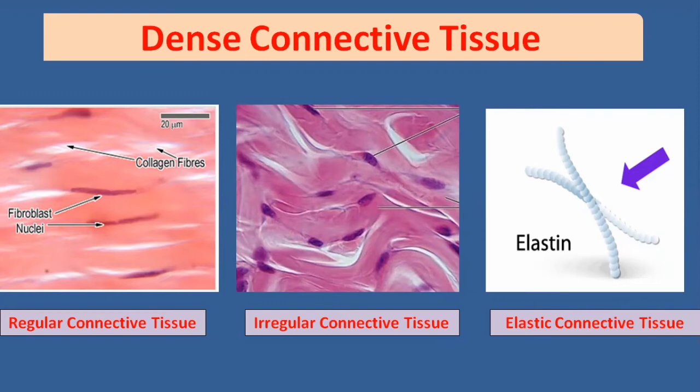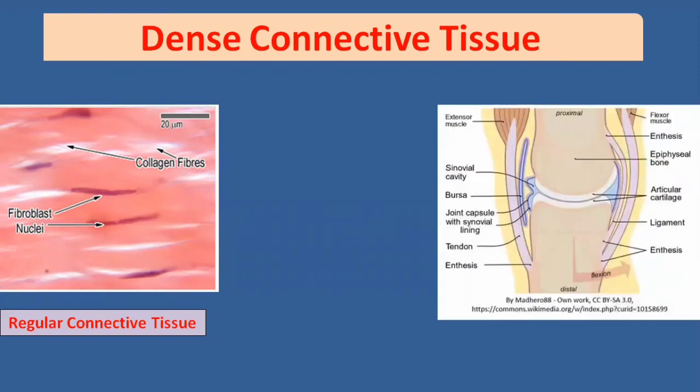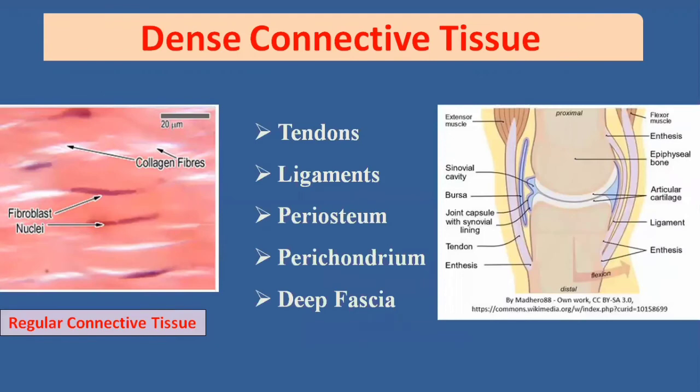Regular connective tissue, as it is dense, makes up the hard structures of the body. It is involved in the formation of ligaments, tendons, periosteum, and fascia. As you can see in this diagram, ligaments and tendons connect the bones together, so they provide structural support to the body.